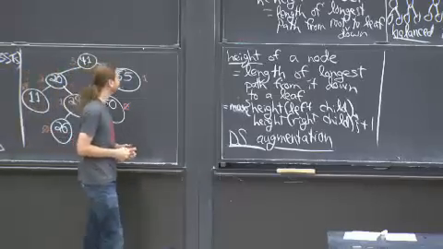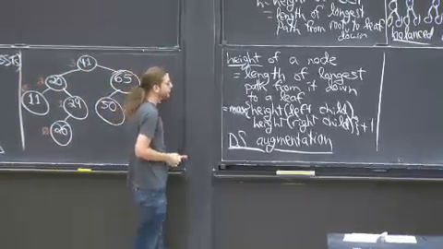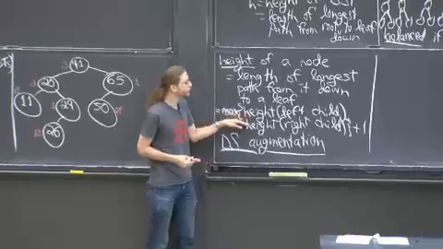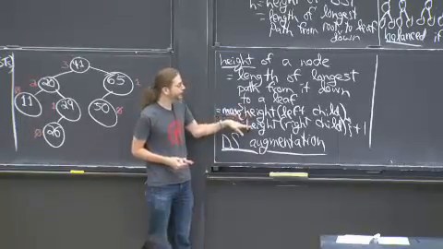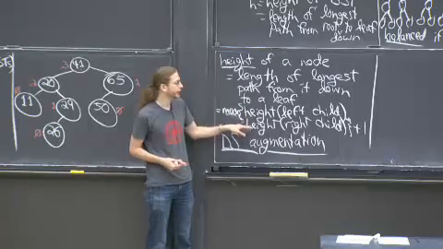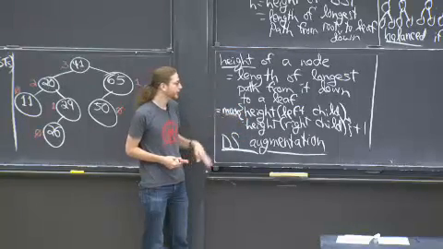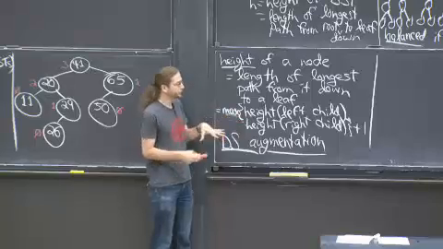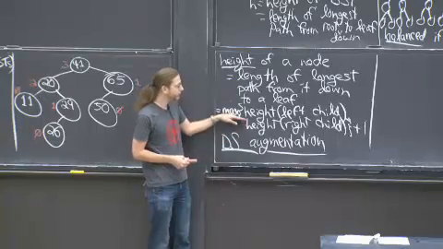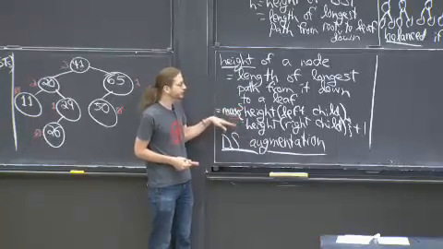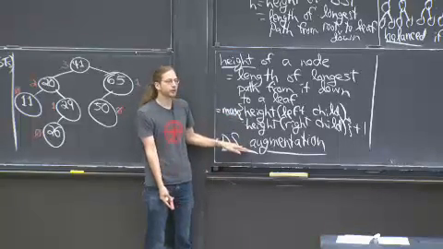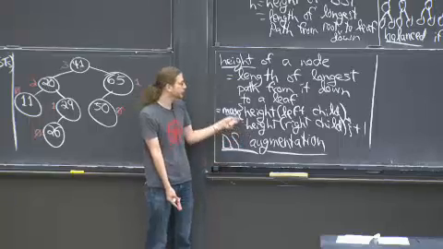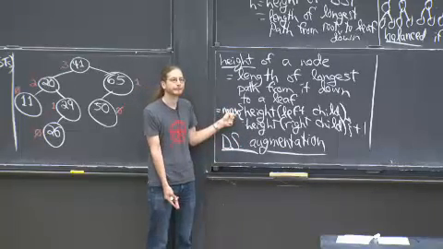Here, I want to store a height field. Because I have this nice local rule that tells me how to compute the height of a node using just local information, the height of its left child and the height of its right child, doing a constant amount of work here, there's a general theorem. Whenever you have a nice local formula like this for updating your information in terms of your children, you can maintain it using constant overhead. So we can store the height of every node for free.